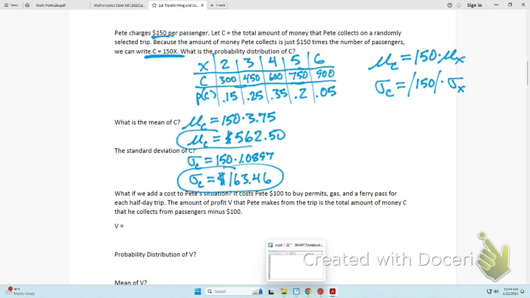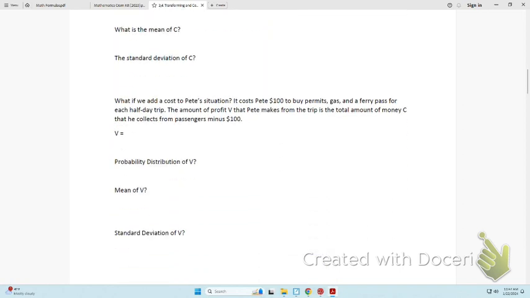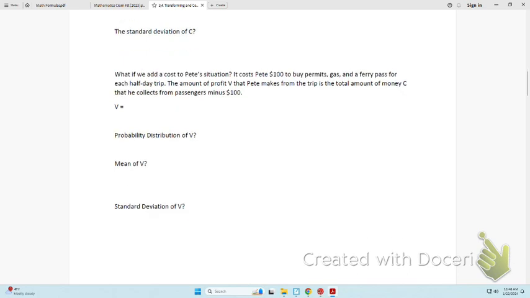Oh, and here's this one. All right. They ask more about Pete's Jeep Tour business. Let's take a look. What if he is out of pocket $100 per trip? So it talks about it right up here. We need a new function. So that new function would be 150x, that's how much he collects, minus the $100 he's out of pocket per trip.